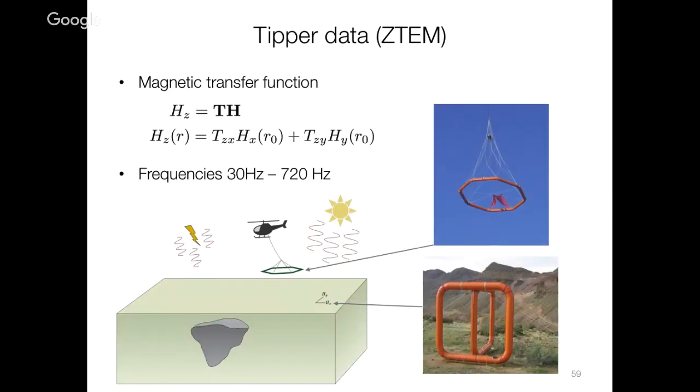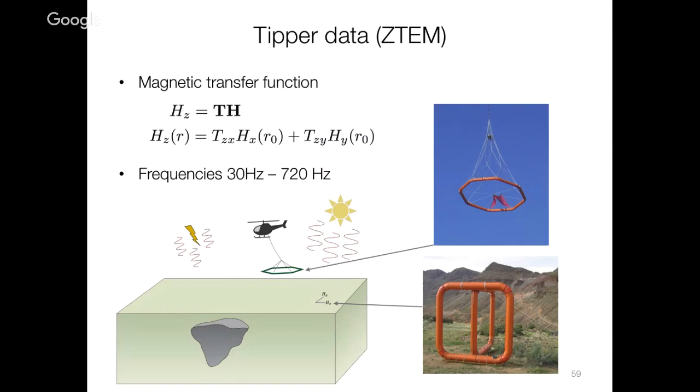So this transfer function now is basically a vector, and it says that the magnetic field at any location here is dependent upon the reference horizontal electric or magnetic field at the reference location, okay, by this amount plus a certain amount of the HY component.